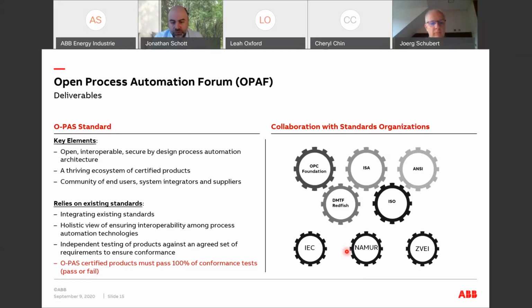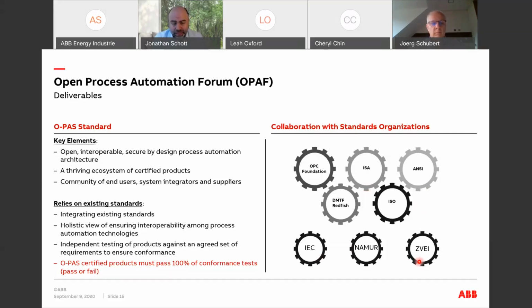It's about integrating existing standards, and you can see that on the right side. There's collaboration with all standard organizations out there, from OPC Foundation, the ISA, ANSI, ISO, IEC, NAMUR, and ZVEI. ZVEI hosts the modular automation so far. So wherever something is available, it's reused, but how it's going to be used is defined in a way that these key elements are actually provided.